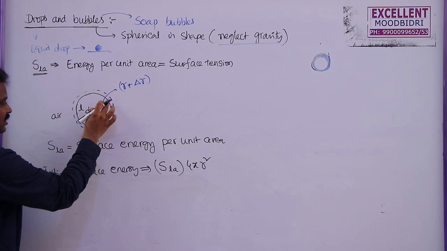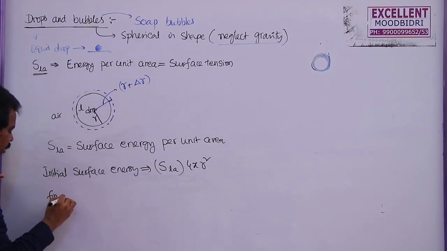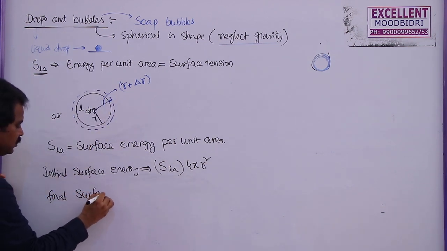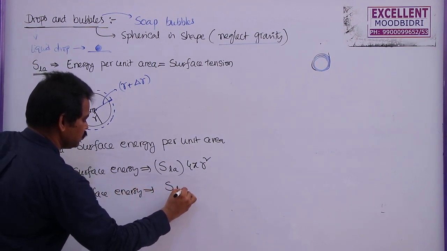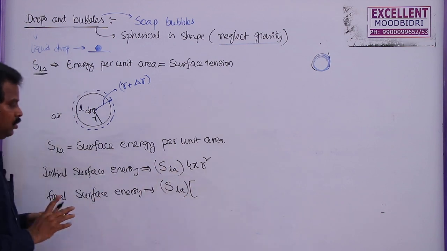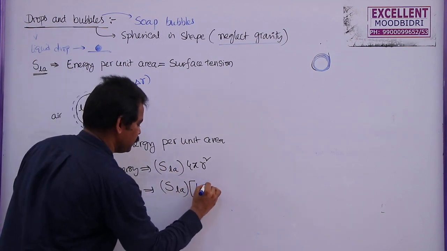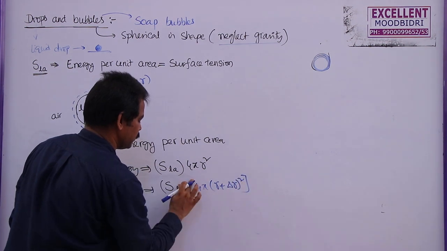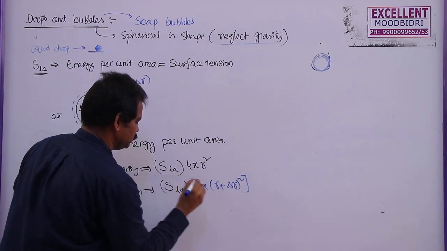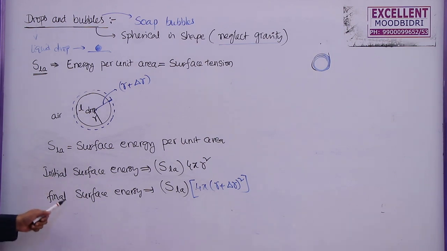So when the size increases, what is the final surface energy? The final surface energy is S_LA into 4 pi (r plus delta r) whole square. So what is the change in surface energy of this liquid drop?